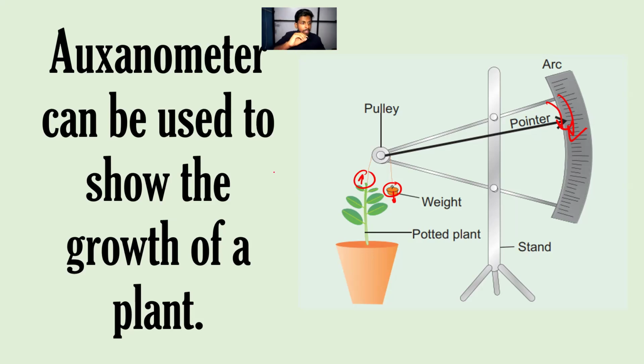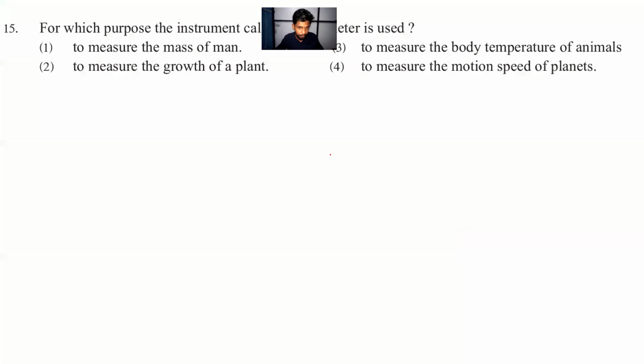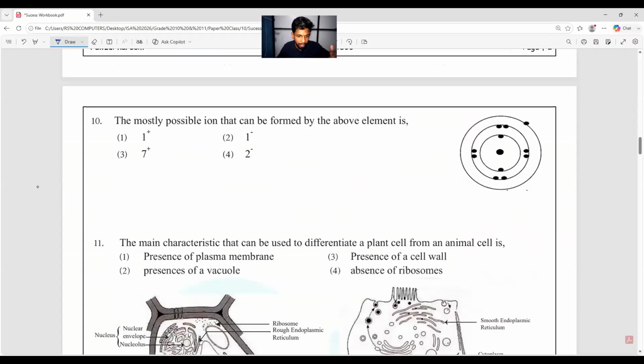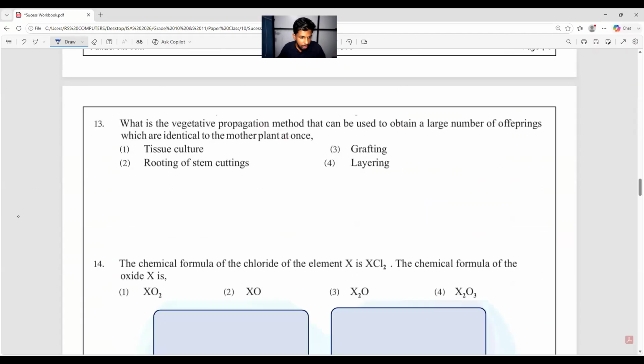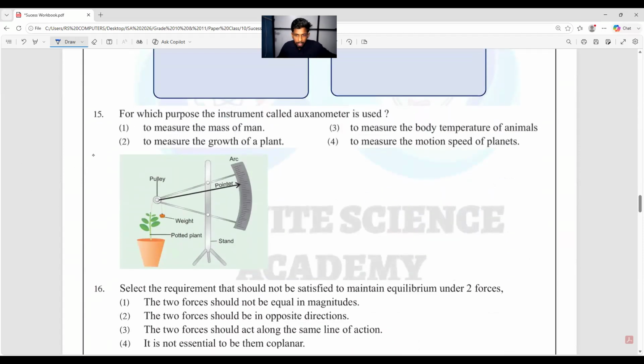Now we have completed question number 15. Come to the paper, question number 15. All the remaining parts were discussed earlier, right? Just mention here: to observe the growth clearly.